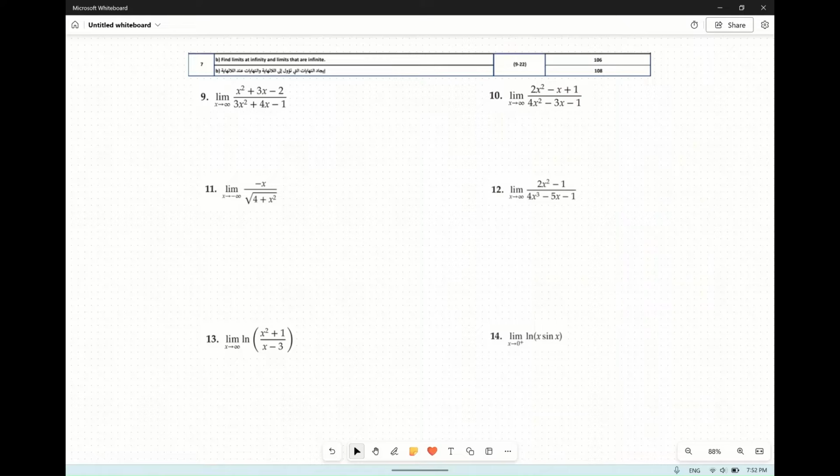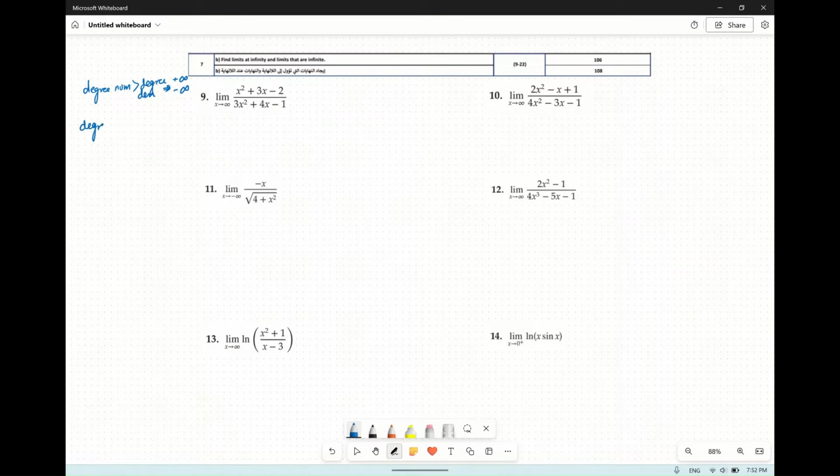Now, whenever we have a polynomial over polynomial, and I explained this in previous videos, all you need to do is compare the degrees. If the degree of the numerator is higher than the degree of the denominator, then the answer is either positive infinity or negative infinity.